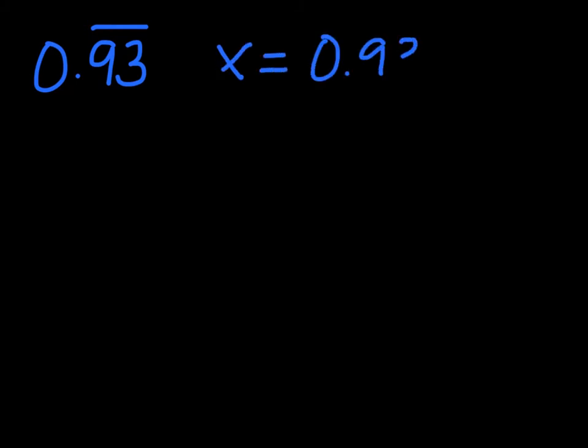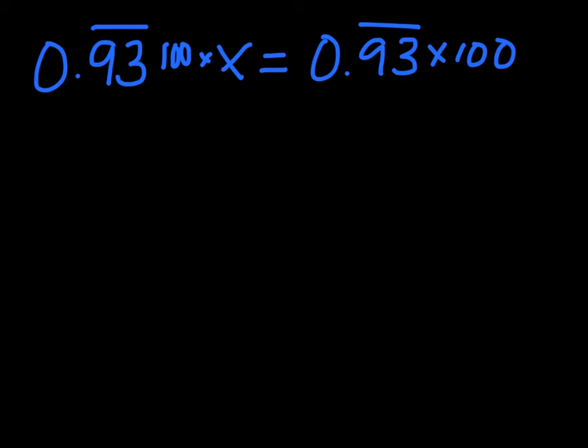Let's write the repeating decimal 0.93 repeating as a fraction. The way that we'll do that is we'll let x equal 0.93 repeating. Because 0.93 has 2 repeating digits, we're going to multiply each side of x equals 0.93 repeating by 100.